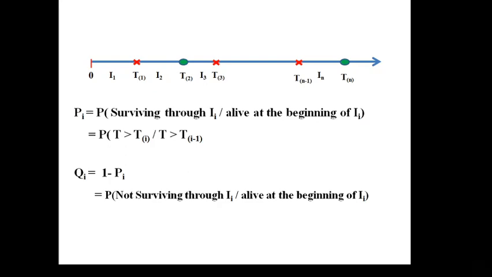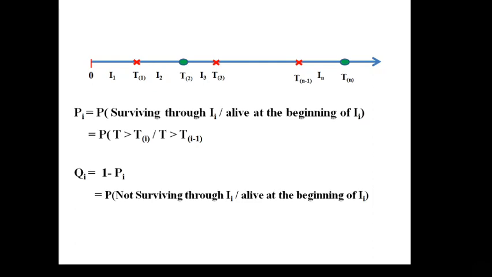This probability is a conditional probability, with the conditional information that T is already greater than Ti minus 1. So T already greater than Ti minus 1 means that whatever the lifetime of that individual is, it is going to be greater than Ti minus 1. That is, it is going to enter into the ith interval. So if it enters the ith interval, what is the chance that it will survive through the ith interval? That probability will be denoted by Pi.